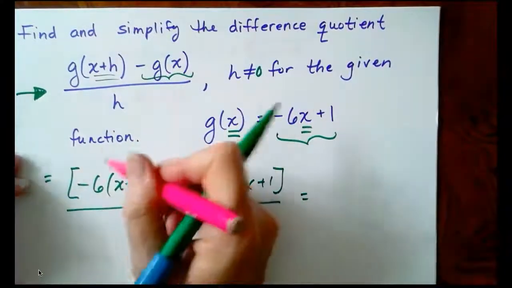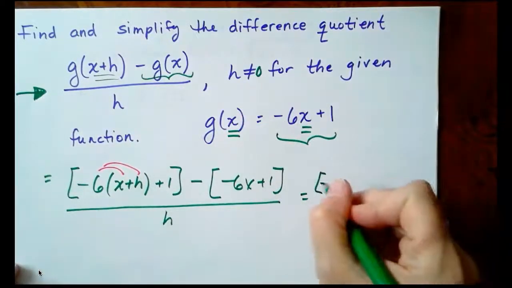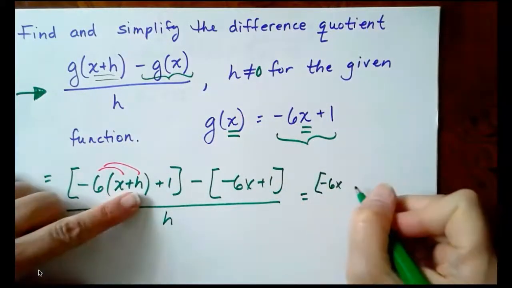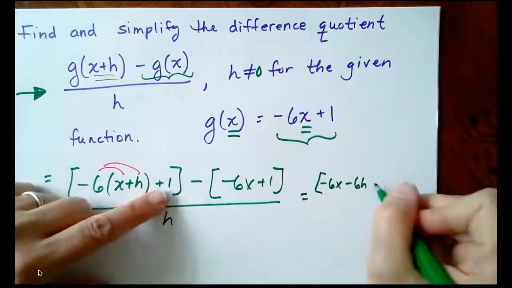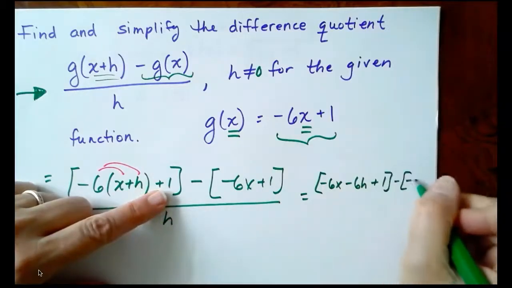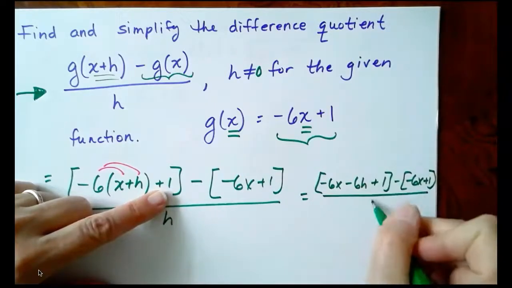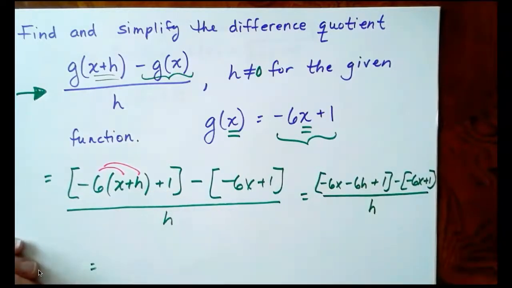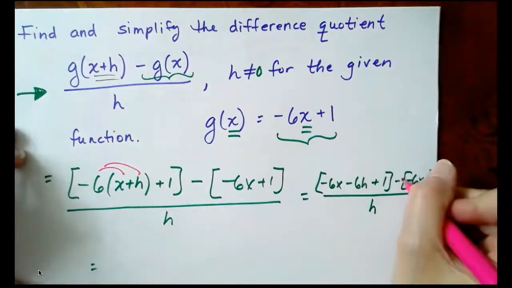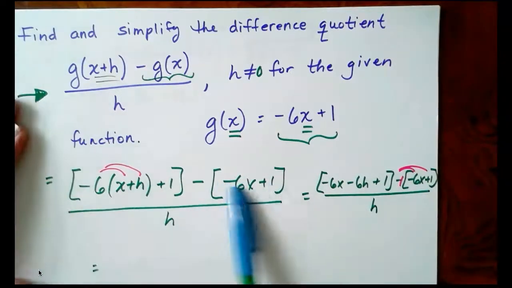Next, distribute that negative 6, and we get negative 6x minus 6h plus the 1, and then minus negative 6x plus 1, all over h. Let's keep going. Next thing I'm going to do is distribute that negative 1 into that second set of brackets.